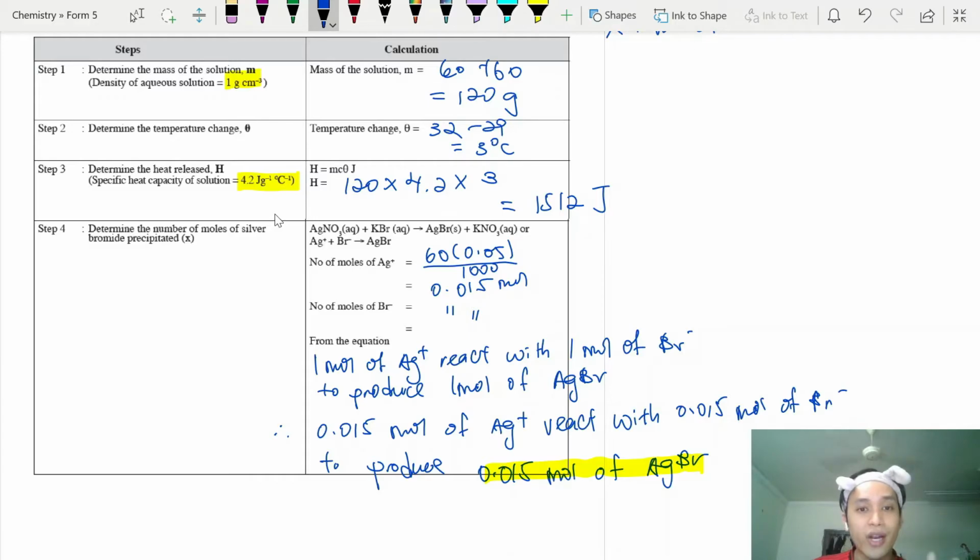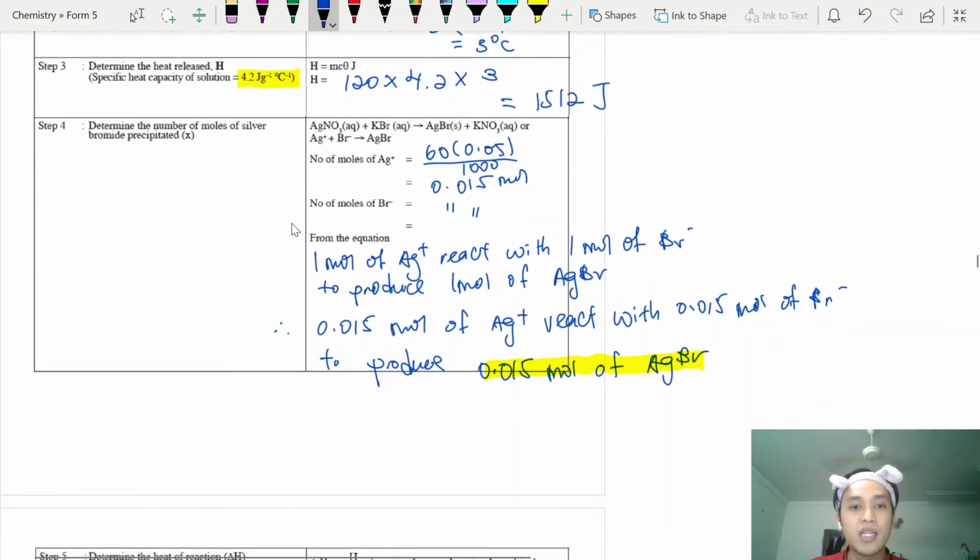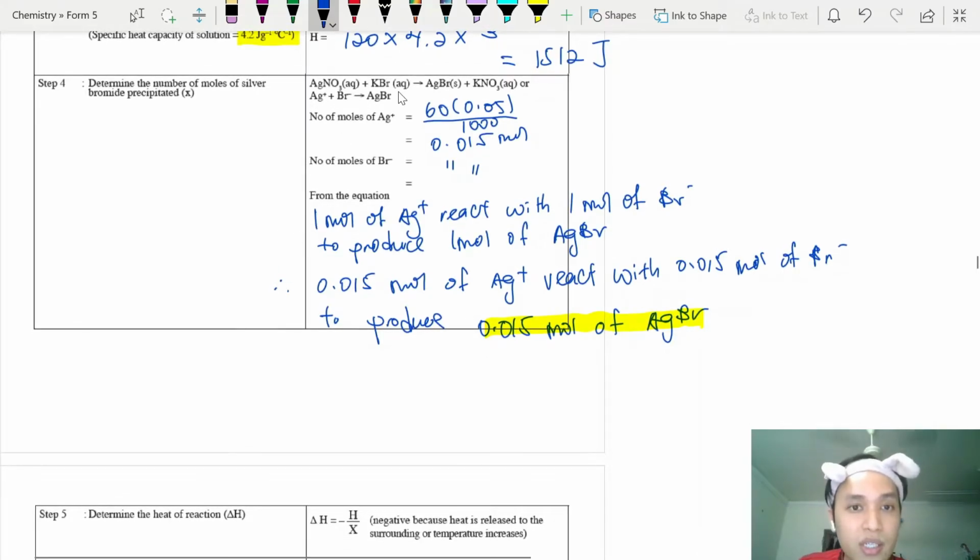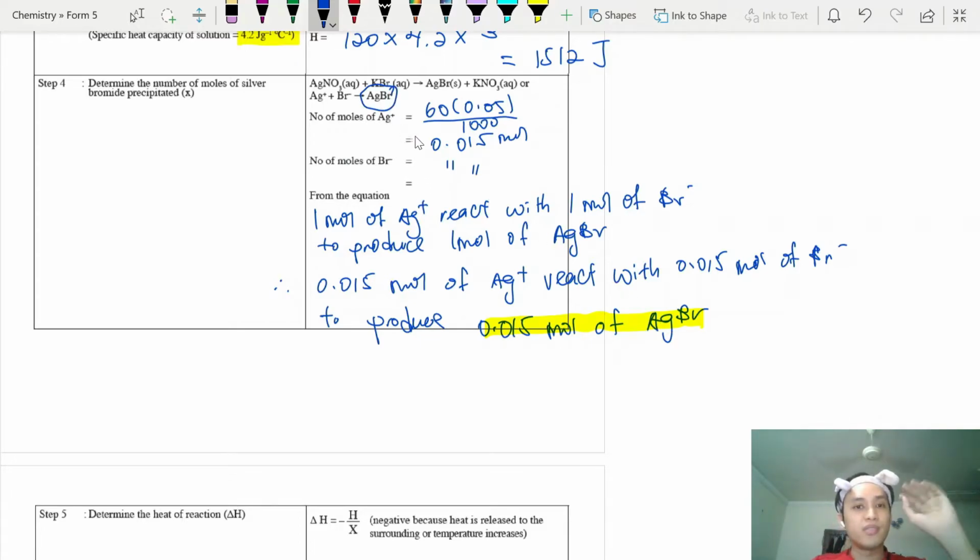So the heat of reaction that you're calculating here is the heat of precipitation, meaning I want to know who is the one precipitating. That is why I'm calculating the number of moles for AgBr. Heat of precipitation means I need to calculate the heat energy released when this fella precipitates, this fella that makes our life miserable, silver bromide.